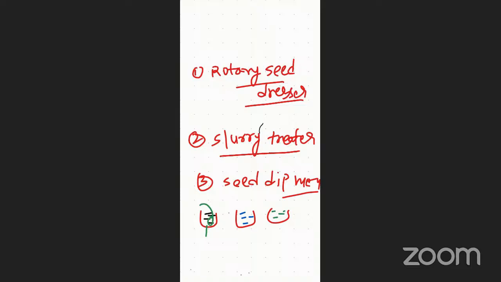If they ask to briefly explain the seed treatment, we can write about the chemicals, the physical factors, the treatment with biological agents, and again the polymer coating. If you learn the entire long question, the question is repeated in short answers also.